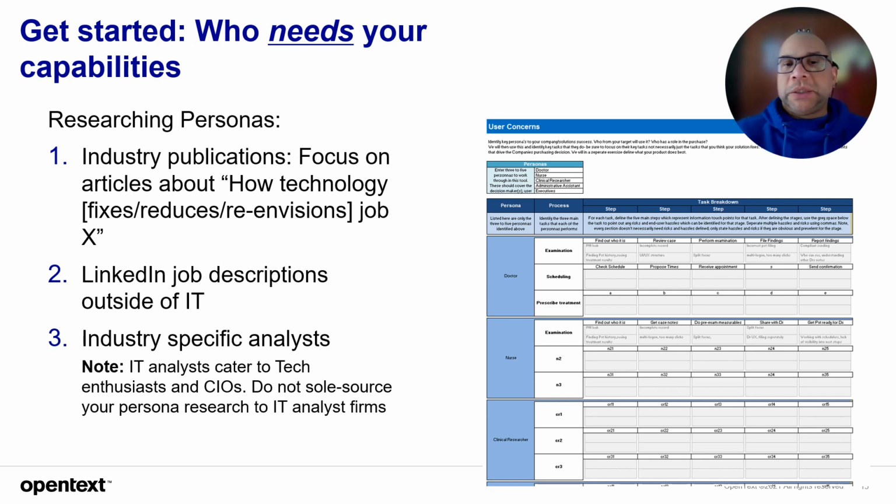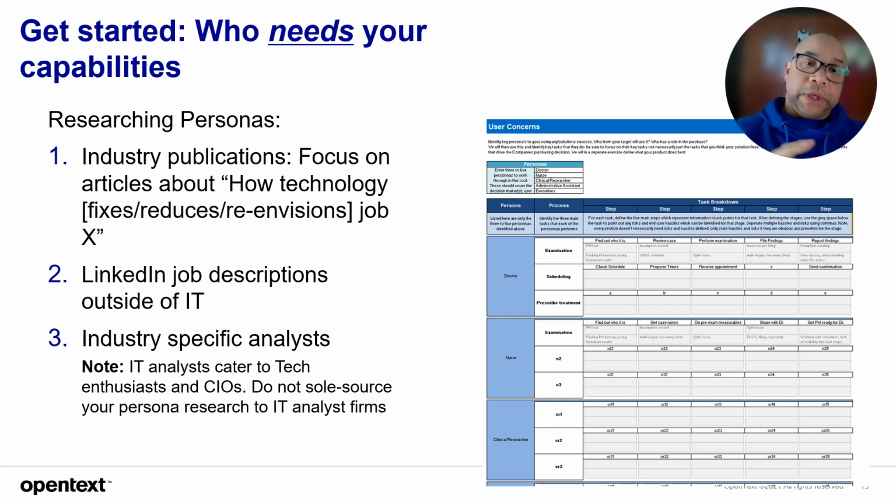So how do you do it? The way that I teach people to do it, and the way that I do it myself, is industry publications. Not necessarily the ones for the tech industry, unless your target organization is a technology company. Then that makes perfect sense. But again, what we're trying to do is solve for a person at the type of company that we think is going to be our main customer.